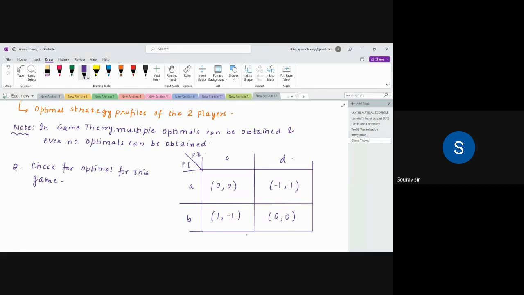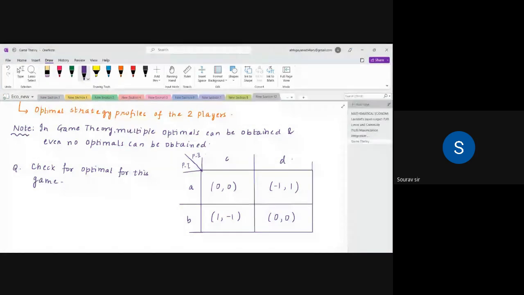Do give this question one try and we'll discuss this answer on the next day. Try to find the optimal, and if there exists, what is it? And if not, then you will just report that we cannot find the optimal. That's it.